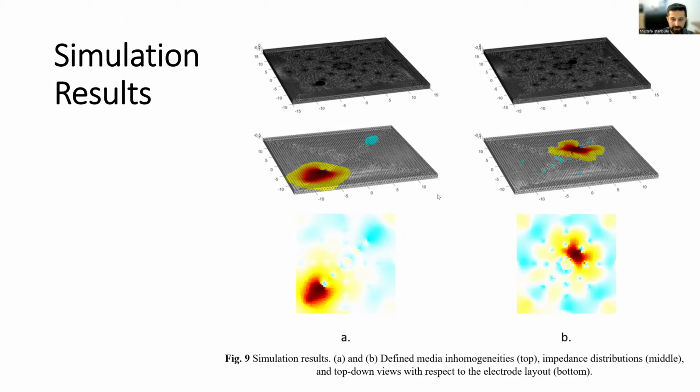The middle ones are reconstructed impedance maps, and the bottom ones are the top-down view showing the alignment with the electrode layout. As you can see, the system accurately localized two anomalies, even with close spacing. This confirmed the effectiveness of our electrode configuration and measurement protocol.